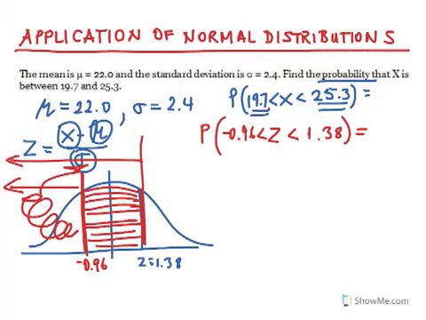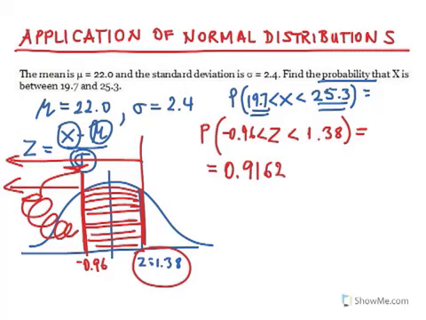So now when we go to table 3 and we find the cumulative area associated with each of these z, we're going to find that the probability of z in between these two scores will be equal to the probability of the bigger area that is associated with 1.38, and that's going to be 0.9162.